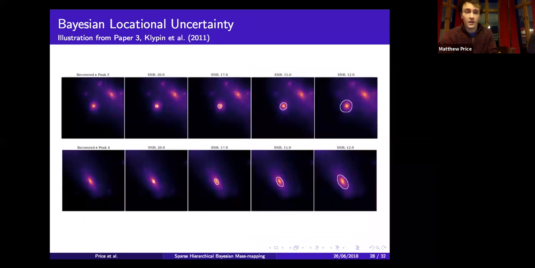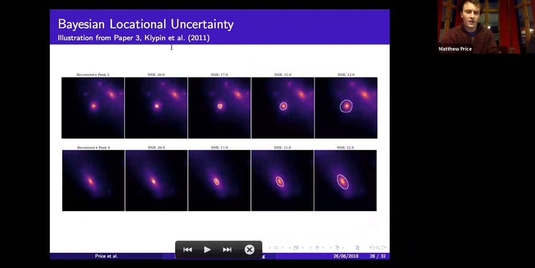Anyway, the third paper is where we introduce these locational uncertainties and the aggregate statistic uncertainties. Here we have, again, some illustrative examples on some Bolshoi simulations. Going from left to right, the first column is the image that we're recovering.